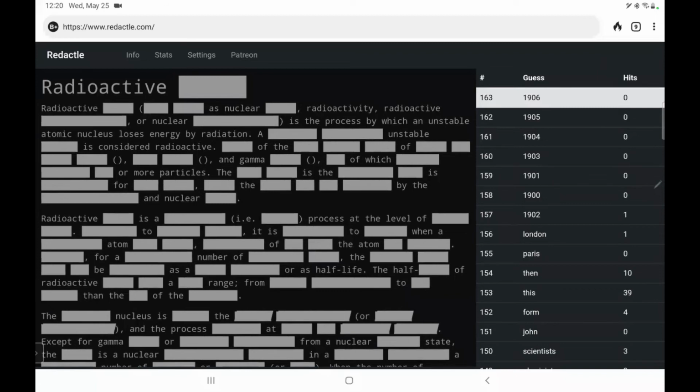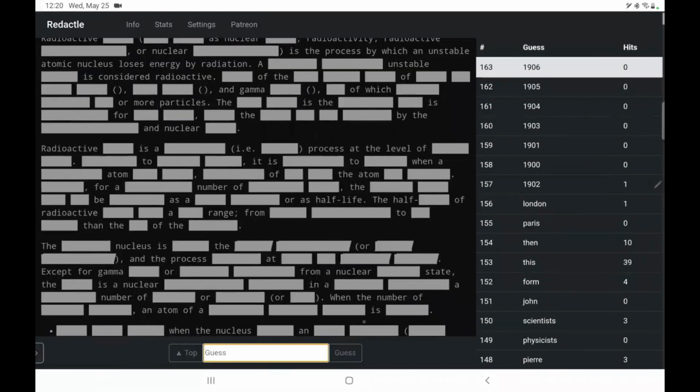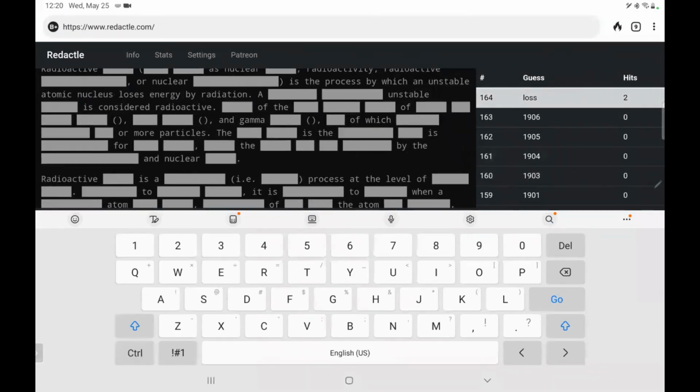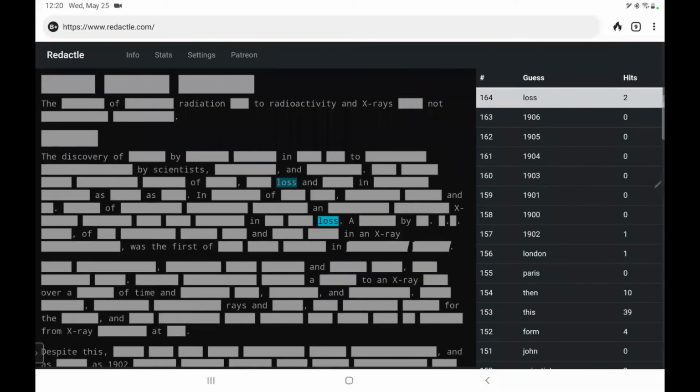Radioactive blank. Have I done loss? Nope. Two occurrences of loss.